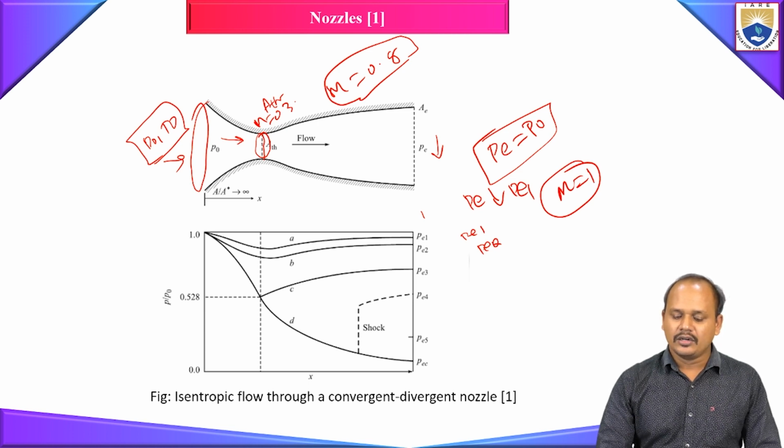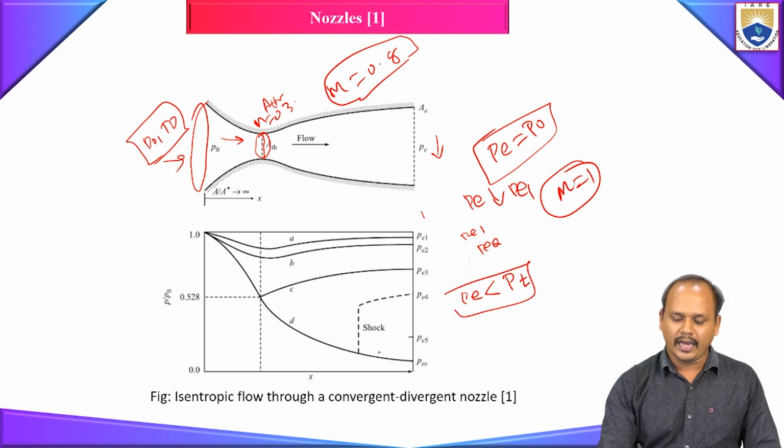Now let's say there are two conditions. Okay, if your pressure at the exit is less than your pressure at the throat location, then your flow will keep on accelerating. At the exit, you will have the supersonic flow.